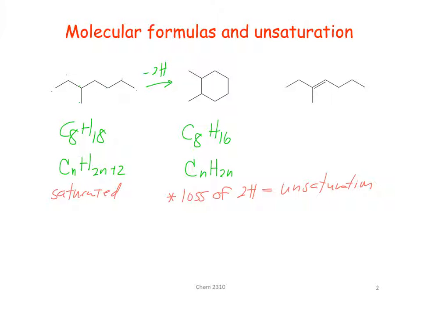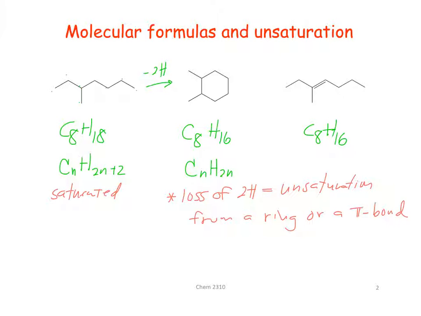So this has the same general carbon framework as the first structure. So we have C8. How many H's is this going to have? This likewise is going to have H2n, or 16. So an unsaturation can come from either a ring, or a pi bond.